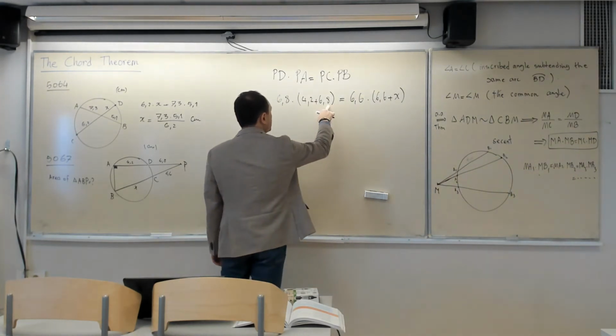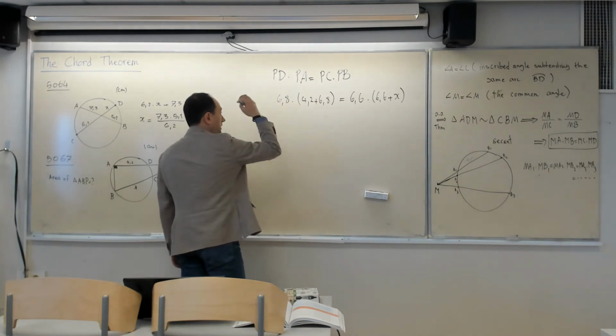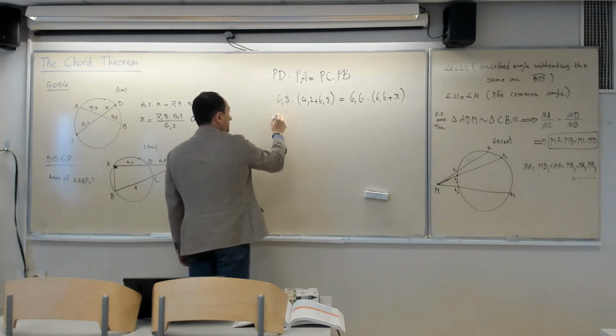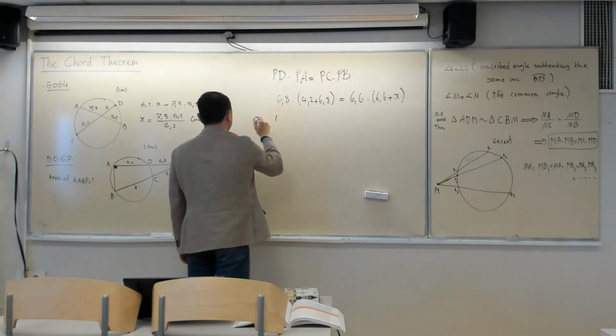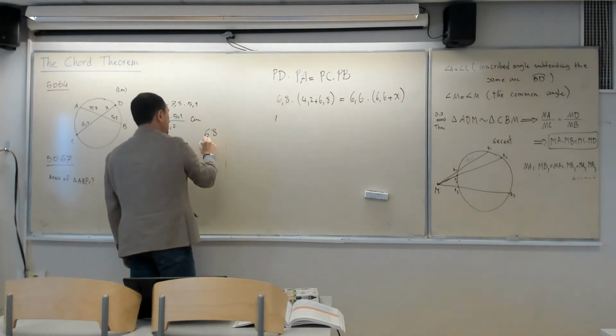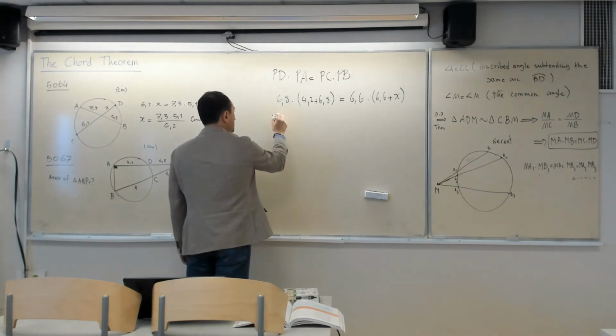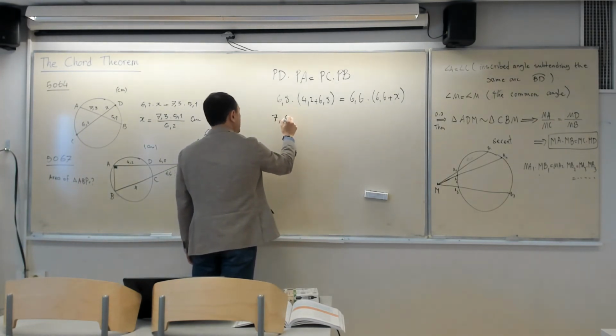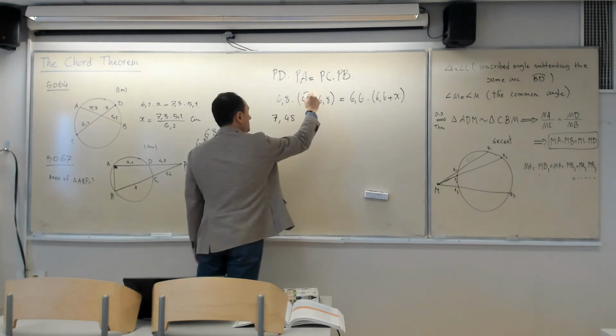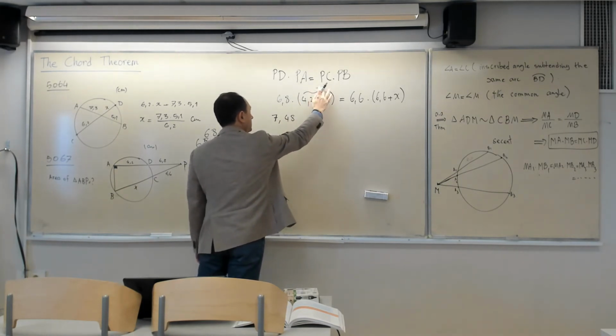So it becomes 7, 11. So I have to multiply 11 here. If I put 11 here, 6.8, 6.8, and it becomes 8.4, and then 7. So this becomes 7.48. So this number is 11.